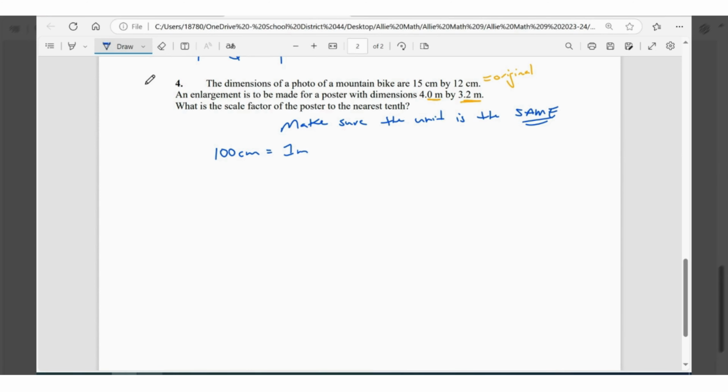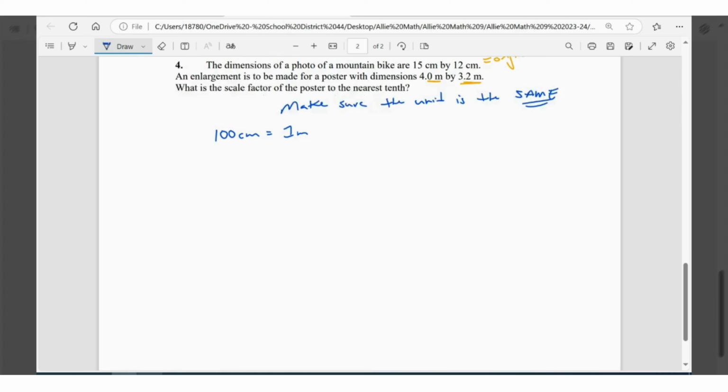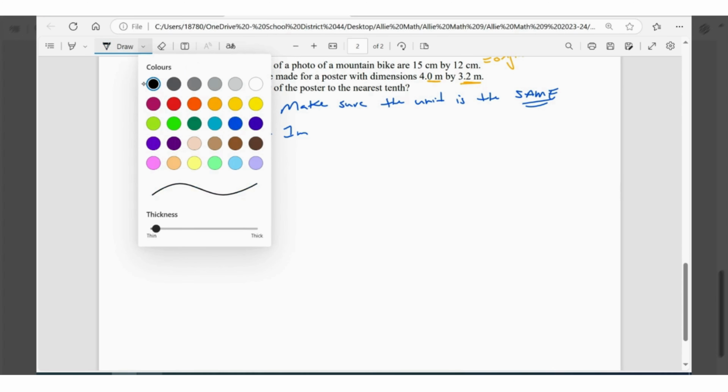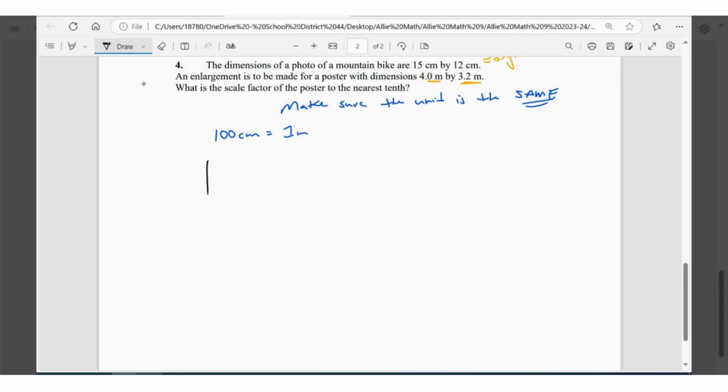So let's draw our original, and I'll do my best here to draw a picture of a bike. So we have our original right here. It's a photo of a mountain bike. It looks like this. Here's our wheel. Here's our wheel. Our handlebars and our seat.